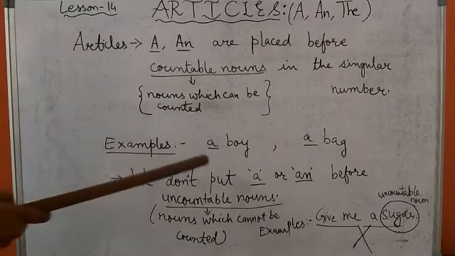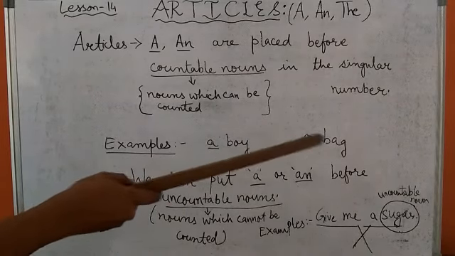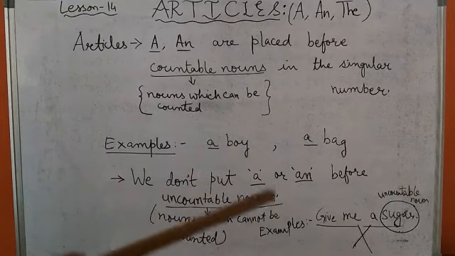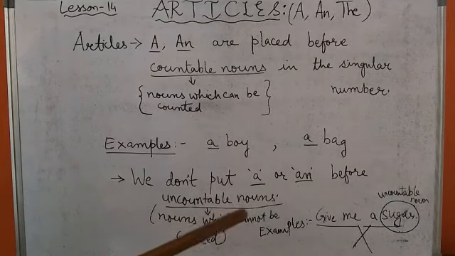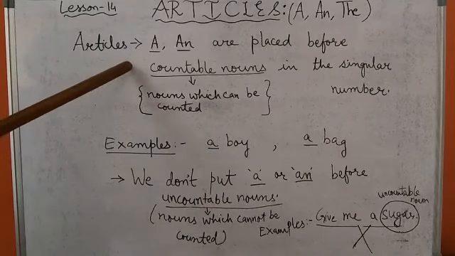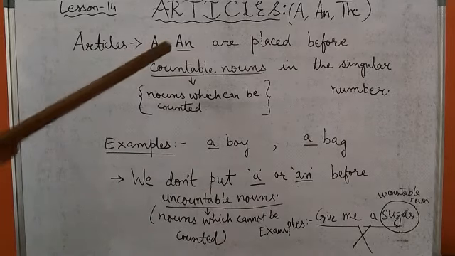For example, here I have written two types of words. See, a boy, a bag. Boy can be counted, bag can be counted, pencil can be counted, pen can be counted, and any material which can be counted is called a countable noun, and if it is singular, we put a or an.